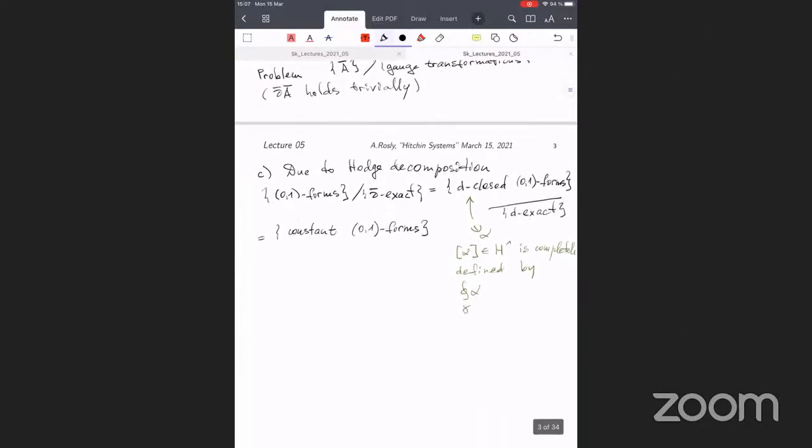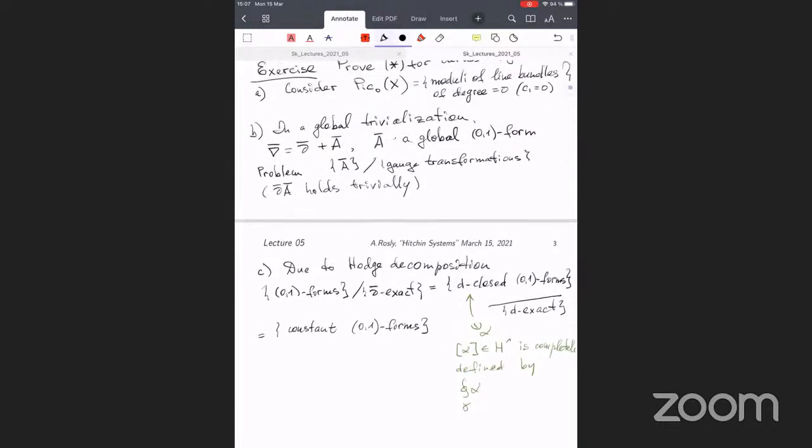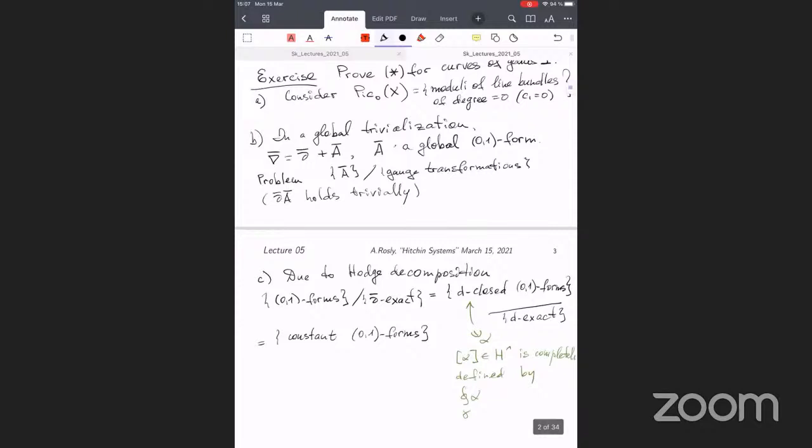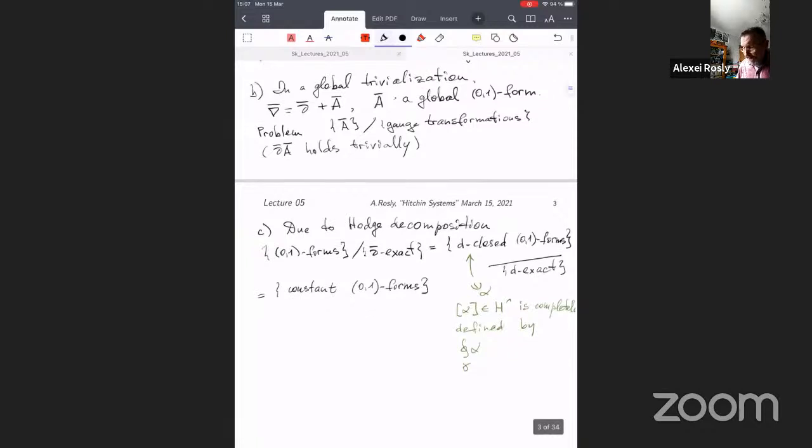The statement that A bar is a global 0-1 form is independent of that, for Pic 0, of course. Pic 0 is always the moduli space of topologically trivial bundles, and therefore we have global trivialization, so the connection is a global form. But how to describe them is another issue. Here, it is quite explicit for genus 1.